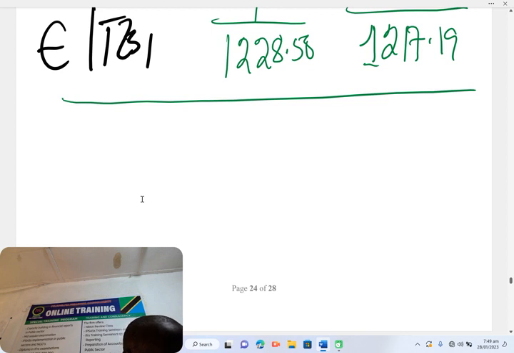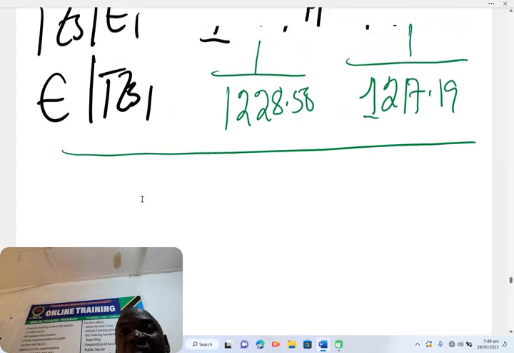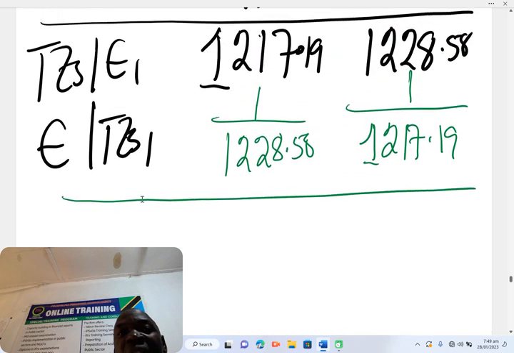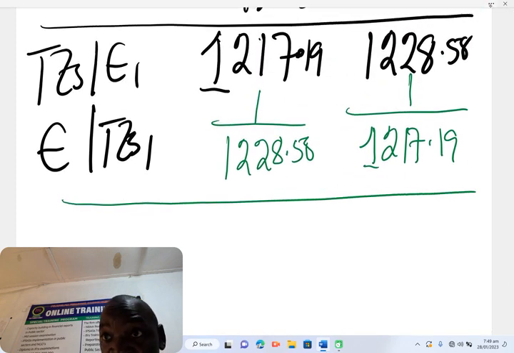Because it said, how many Tanzanian shillings will the bank pay? So the bid rate, where is the bid rate? It is here.